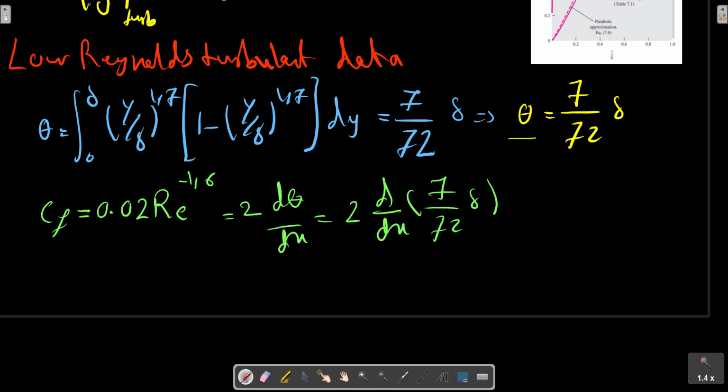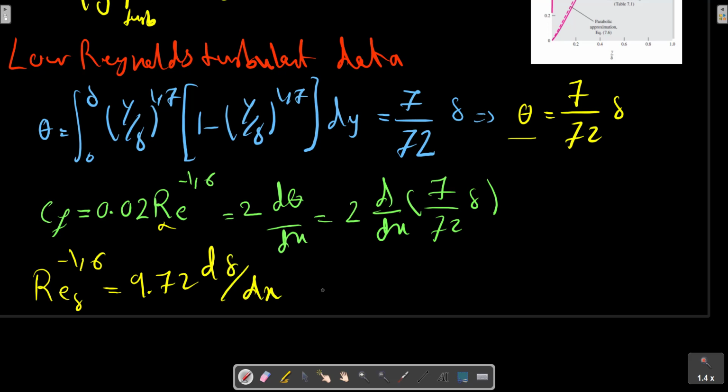Or we can simplify this relation and write Reynolds delta equals, simplifying the relation, d delta on dx. Or it can be written as this relation.